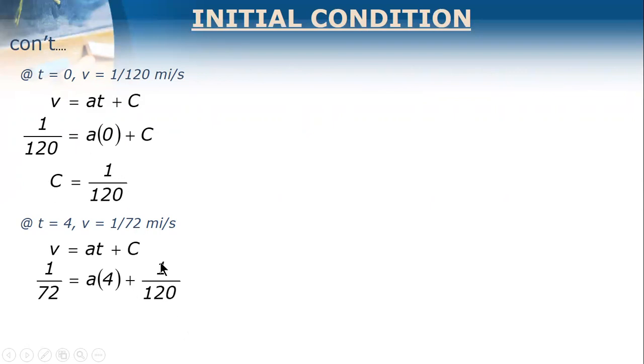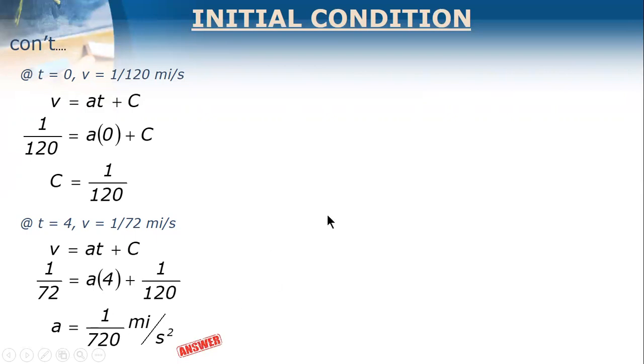So you simplify, you transpose 1 over 120 to the left side, 1 over 72 minus 1 over 120, the result, divided by 4, and you have a equal to 1 over 720 miles per second squared. Because the unit of v is miles per second divided by second, it becomes miles per second squared.